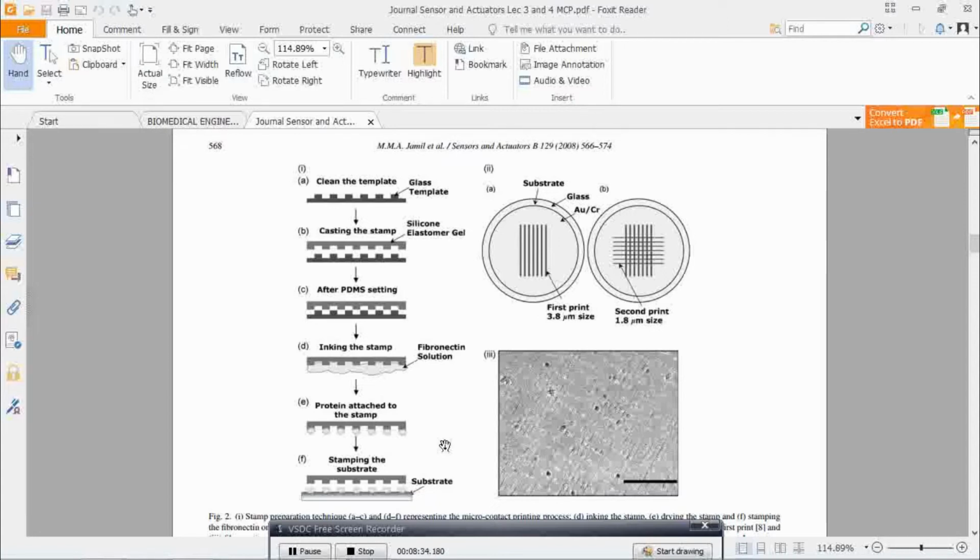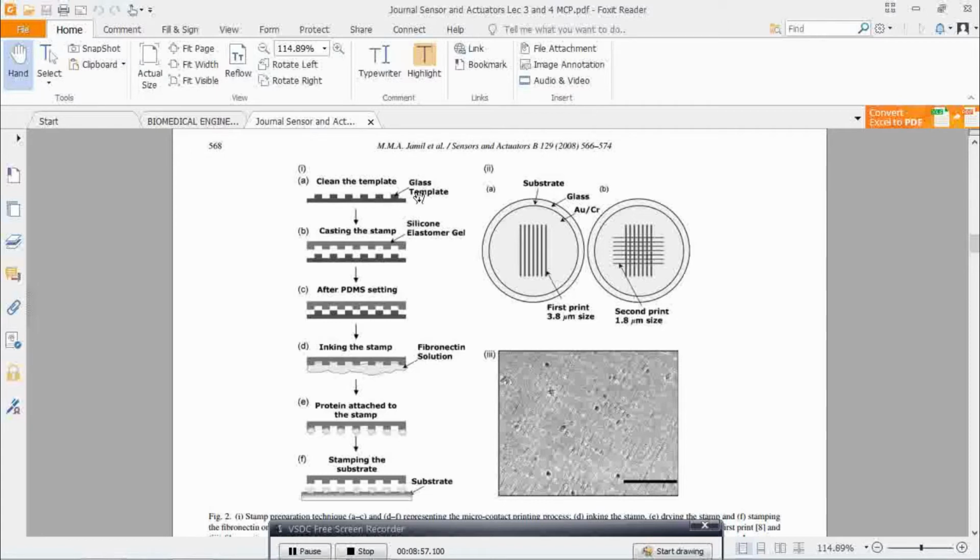At the beginning, I'll explain from the fabrication of the stamp. You need a glass template with the grids of patterns. It depends.